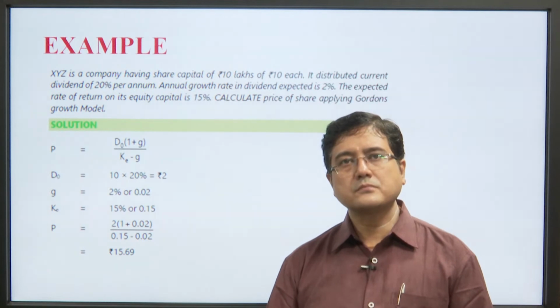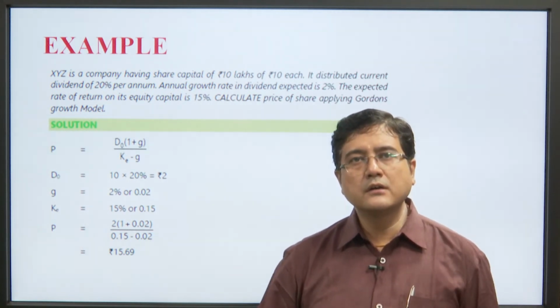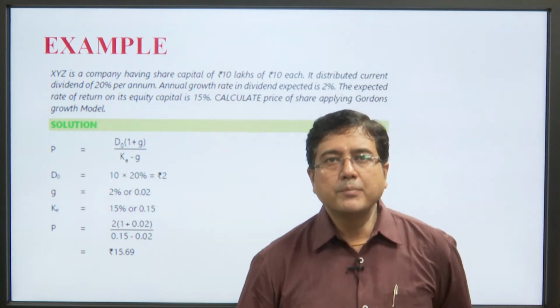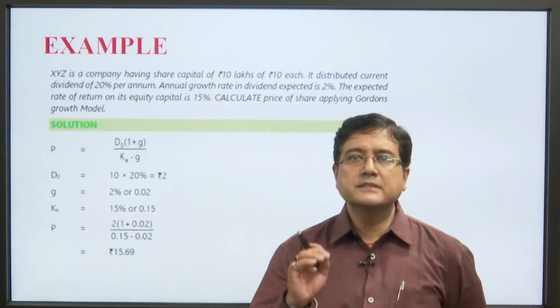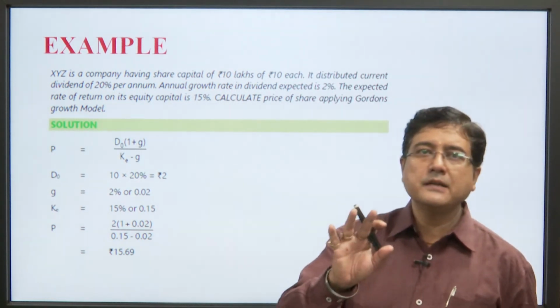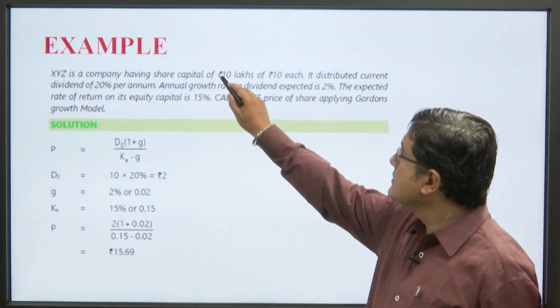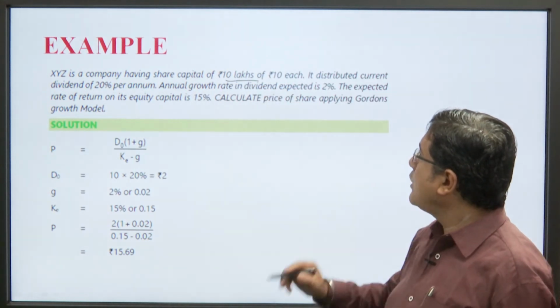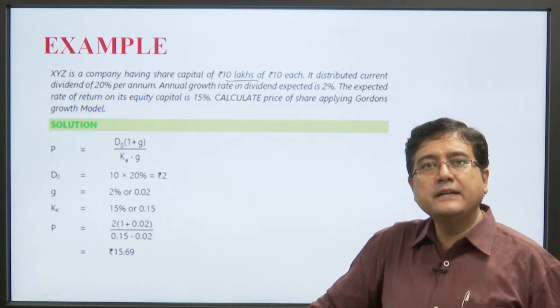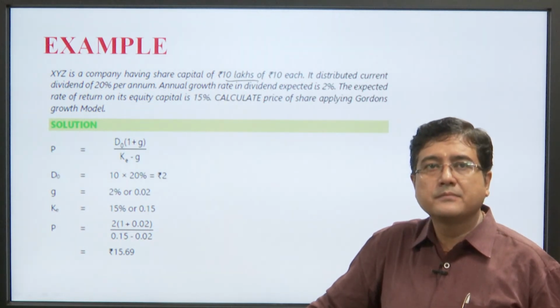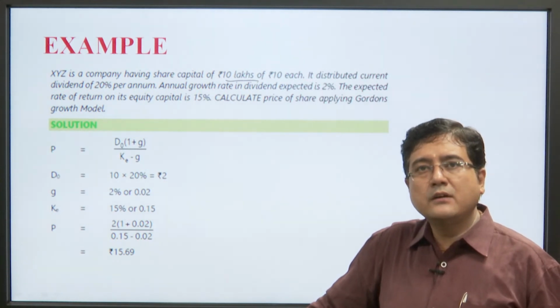The company's capital is 10 lakh, of rupees 10 each, and it distributes a current dividend of 20% per annum. So, what is the amount of dividend?